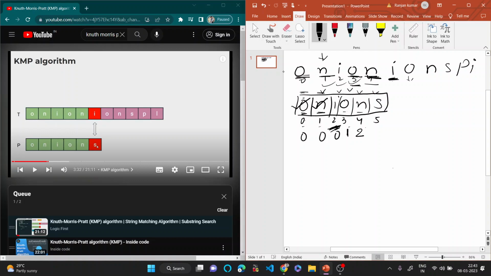So if someone stops and doesn't find the match here, he comes to this number that is mentioned over there, and from this index he or she will match the string, because these two characters, first and second, will be the same.